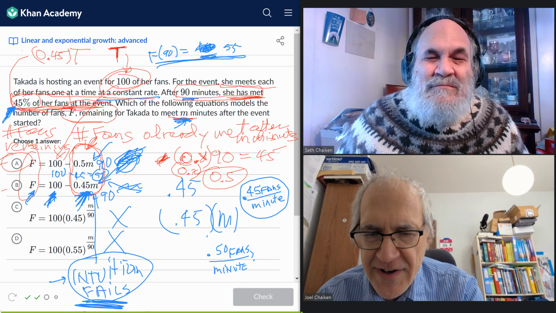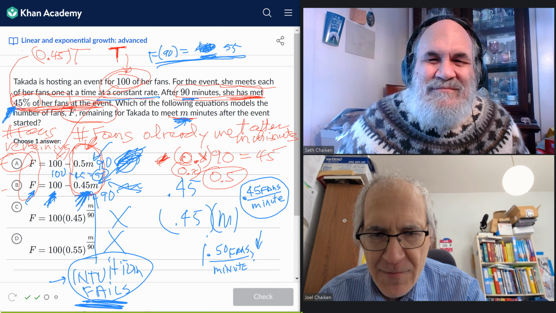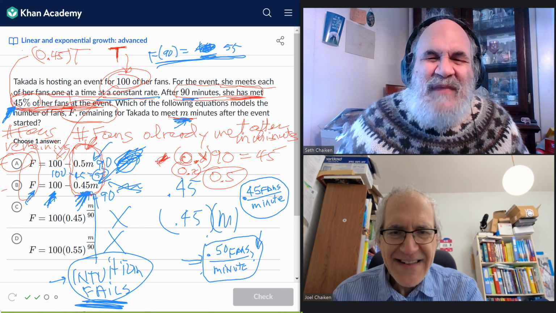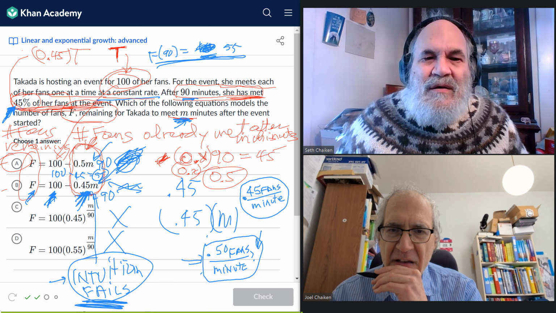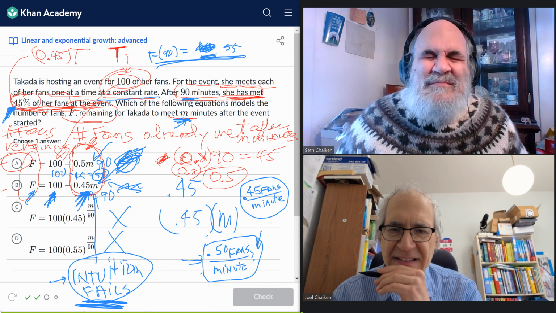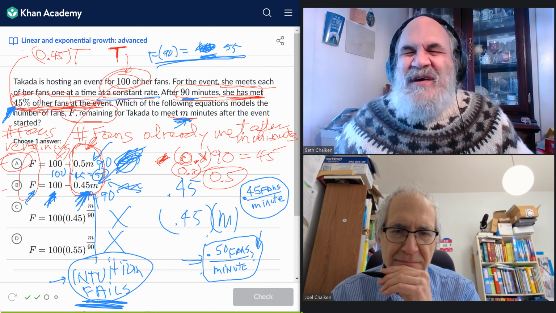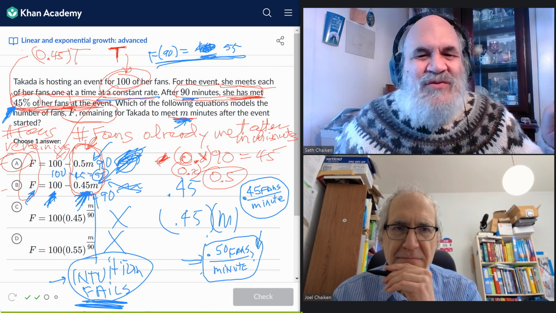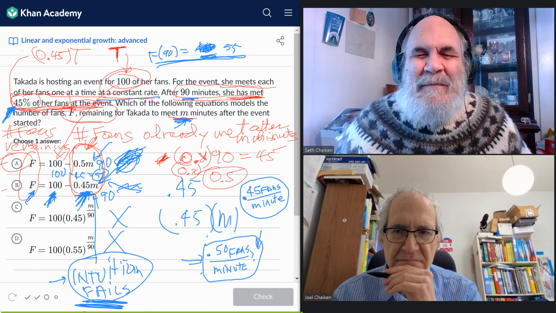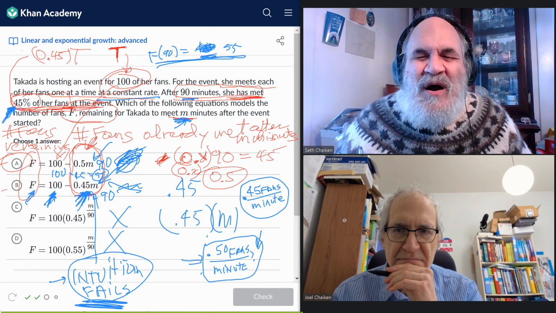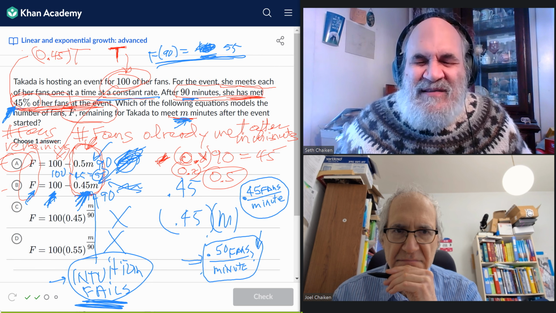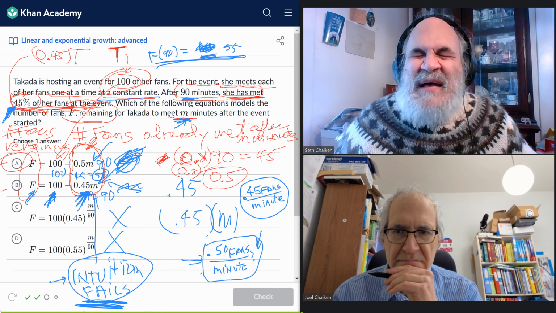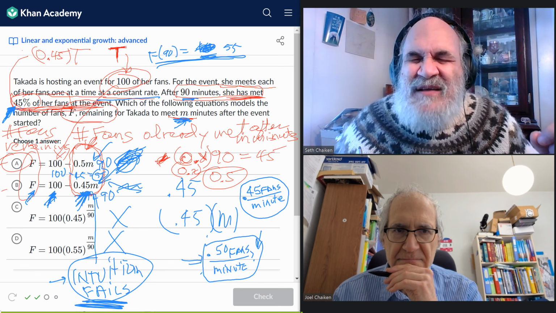Are the units of 0.5 fans per minute? Because that would make it work. Yes, obviously. But it's also because there are 100 fans. The units of 0.5 are both fans per minute and percentage of fans per minute.